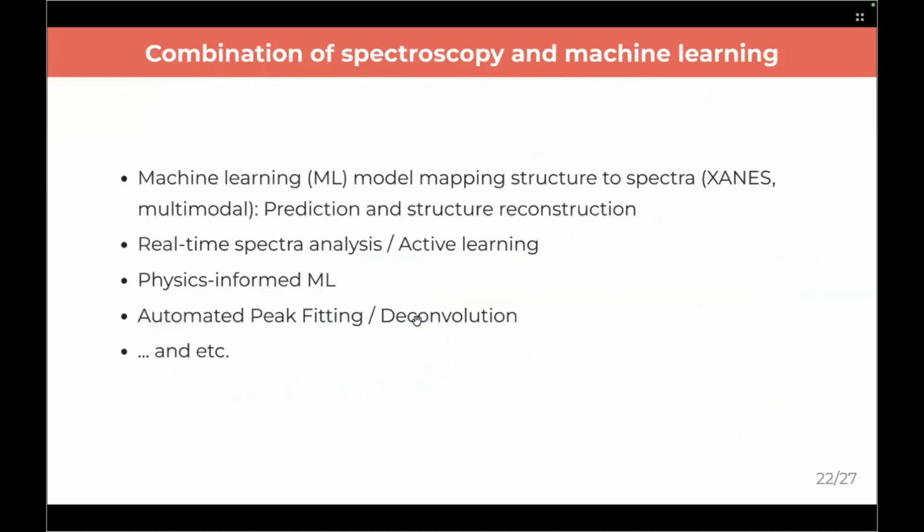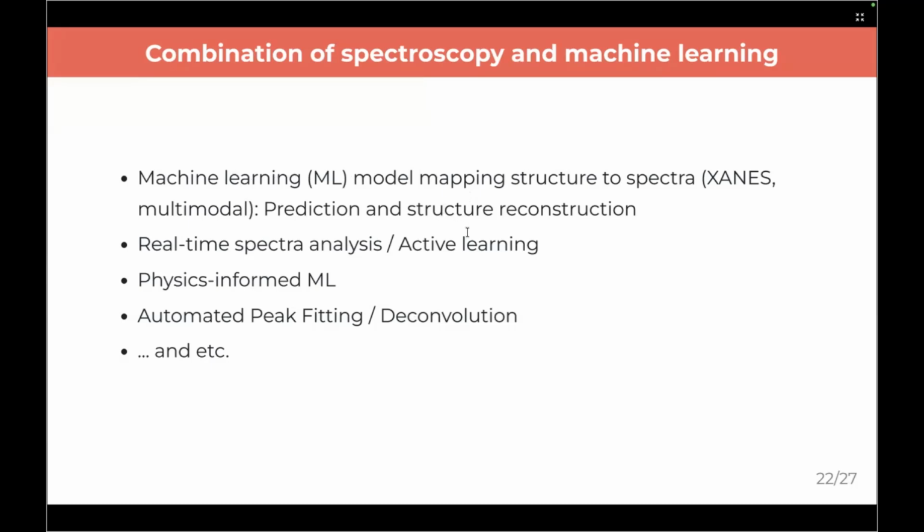redox chemistry. And okay, so this is then the part that I promised to give a little bit of overview about the application of machine learning in the spectroscopy. For example, usually the machine learning model can be used to map the structure to the spectra.